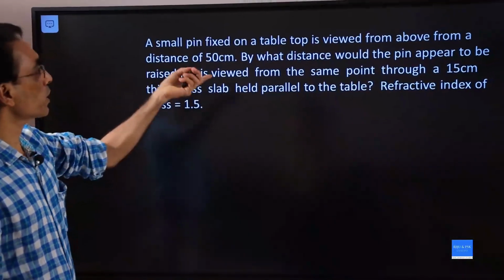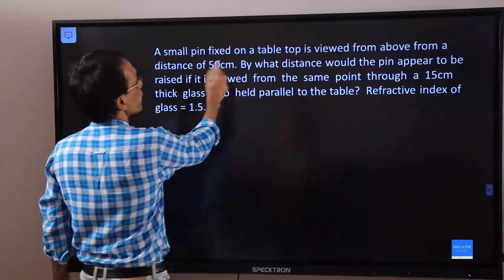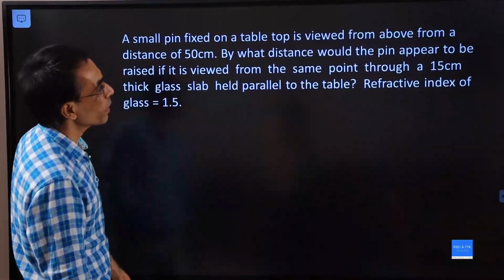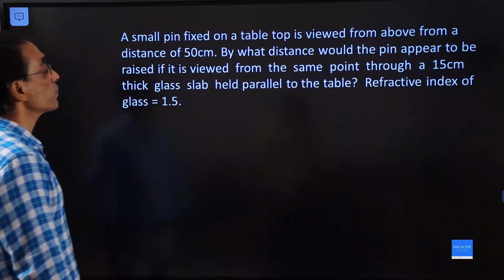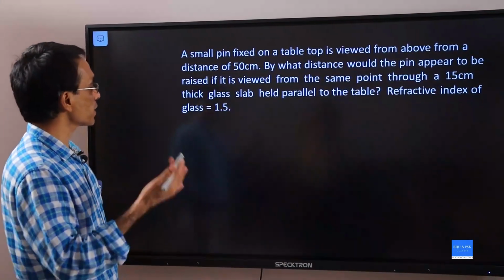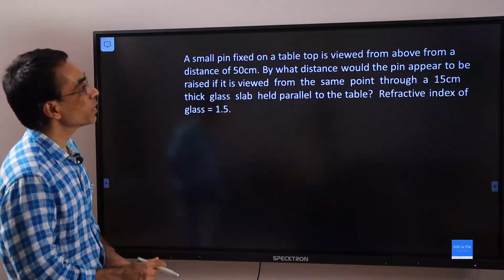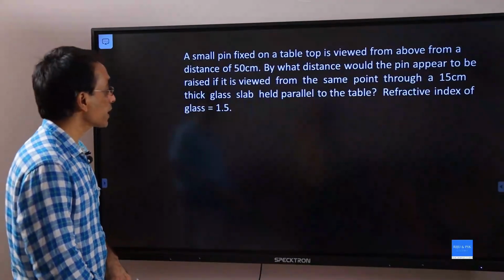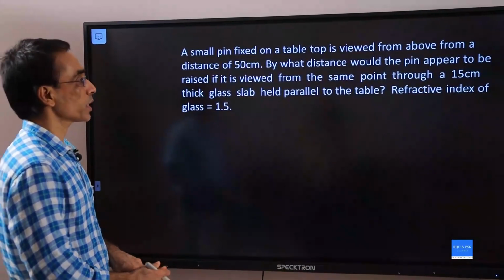Next one is also about apparent depth. A small pin fixed on tabletop is viewed from above from a distance of 50 centimeter. By what distance would the pin appear to be raised if it is viewed from the same point through a 15 centimeter thick glass slab held parallel to the table?